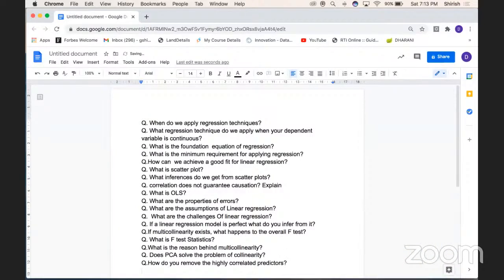How do you remove this? Is there a way to check whether your input variables have good correlation? What is the process? What is the approach you follow?